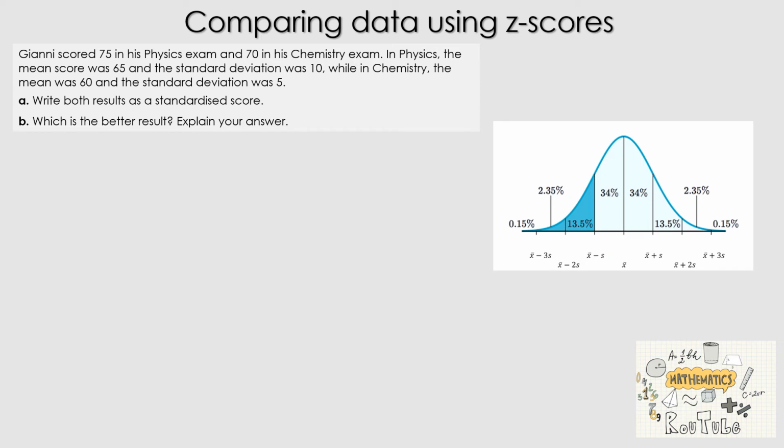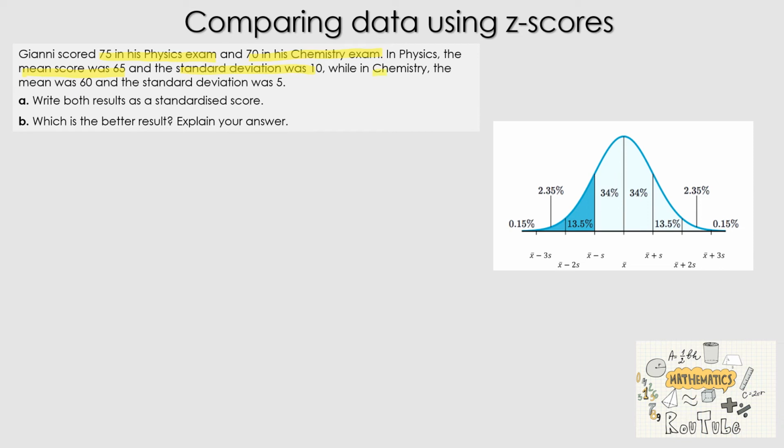All right, let's have a look at comparing data using z-scores over multiple distributions. Okay, so Gianni scored 75 in his physics exam and 70 in his chemistry exam. In physics, the mean score was 65 and the standard deviation was 10.